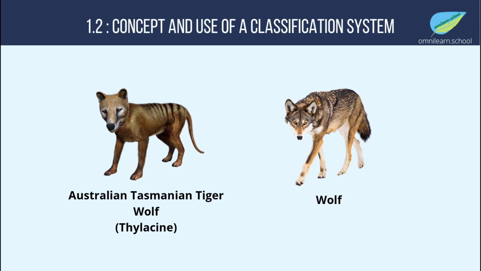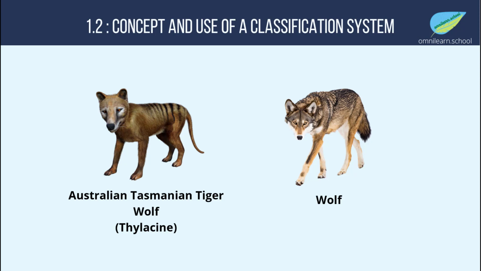Look at these two organisms displayed on the screen, the Australian Tasmanian tiger wolf or the thylacine and the wolf. Take a good look. What do you infer about their evolutionary relationship? Do you think they share a recent common ancestor?